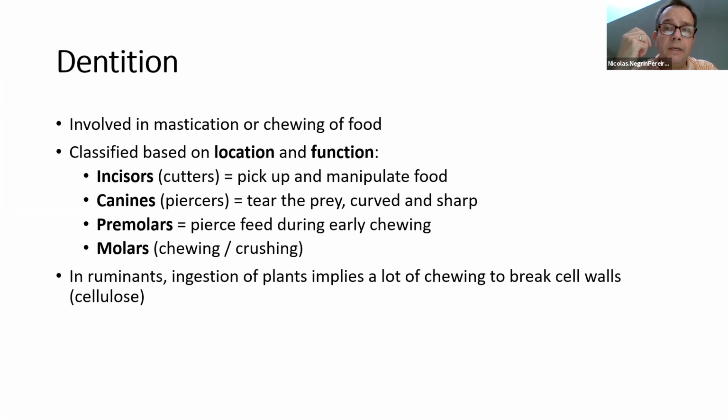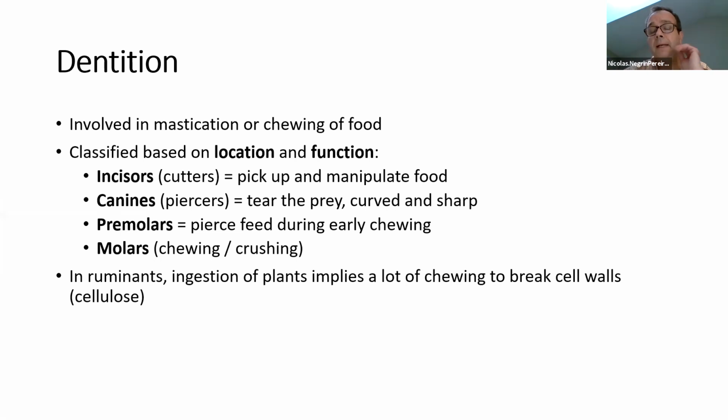So the animal really needs to crush it very thoroughly, so it can be attacked by the cellulase and hemicellulase enzymes secreted by the microbial population in the rumen, so it can actually be digested.